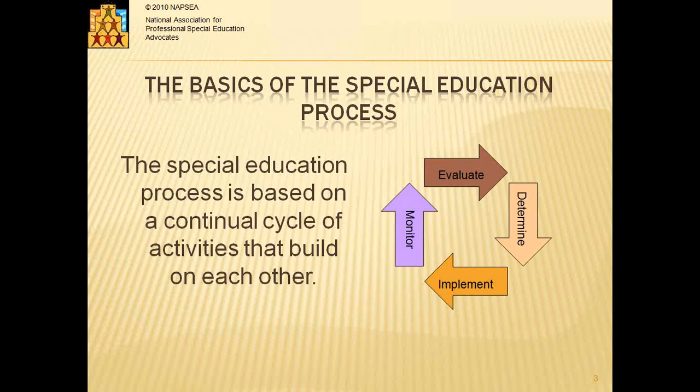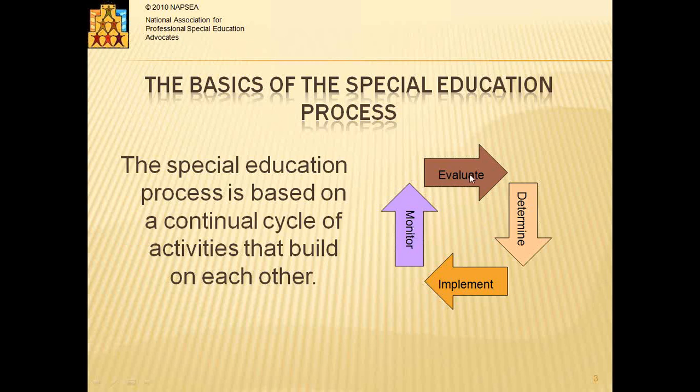It's a continual cycle. It goes from evaluation to determining the eligibility to implementing the IEP and then progress monitoring. In the next training we're going to go more into progress monitoring and the follow-up to the IEP meeting, so if we reject or accept and how we monitor progress. So we're not going to talk about that right now, but it is a continual cycle.